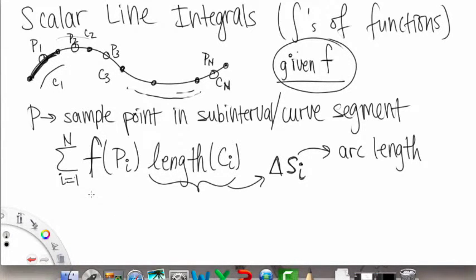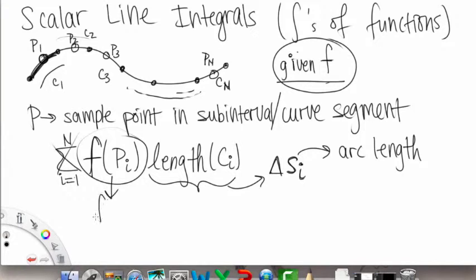Okay, so basically what this is saying is that, disregarding this for now, you're going to take your function, whatever is given to you, and then you take a point within your little curve and evaluate the function at that point.